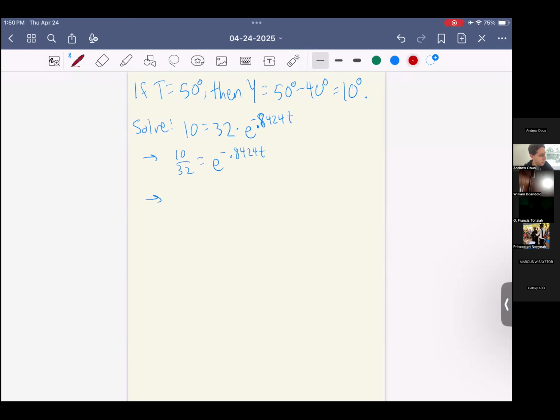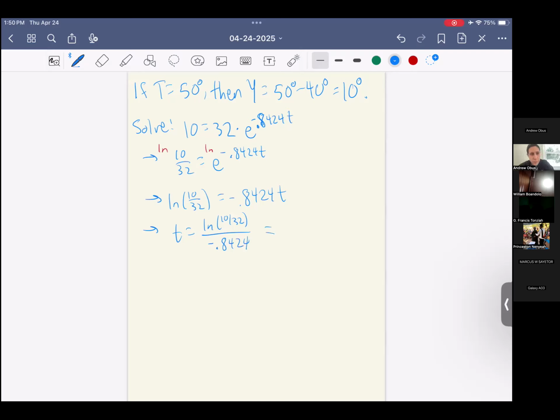Again, we do ln of both sides. That gives us ln of 10 over 32 equals minus 0.8424 t. Or in other words, t equals ln of 10 over 32 divided by minus 0.8424.